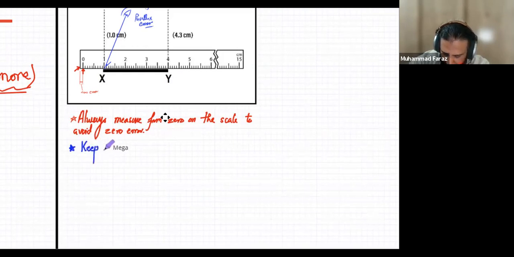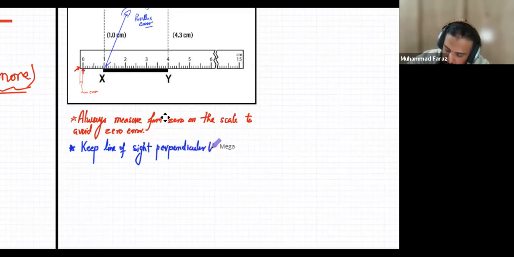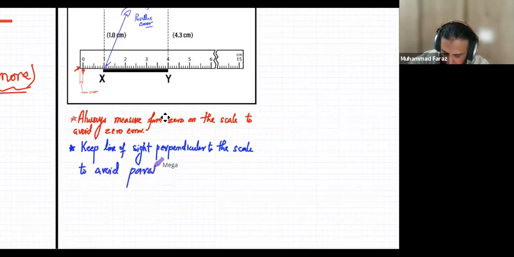Keep line of sight perpendicular to the scale to avoid parallax error.